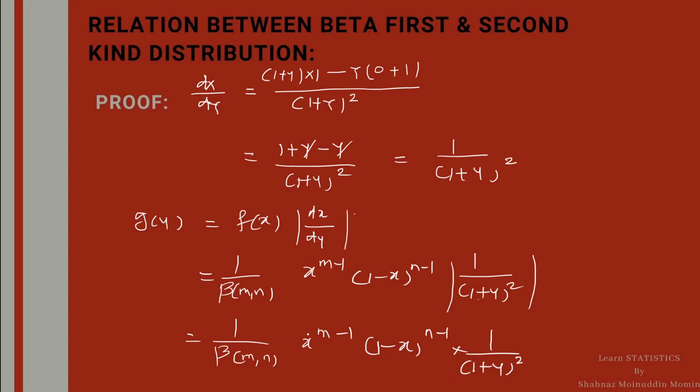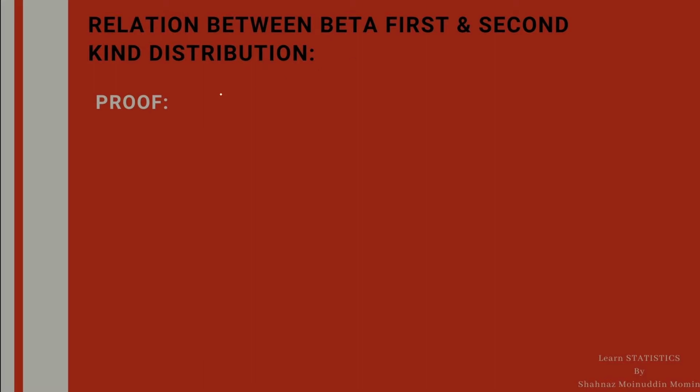After that, we will put the value of x in terms of y, since we are going to calculate the PDF of y. So g of y is equal to 1 by beta m n, y upon 1 plus y raised to m minus 1.